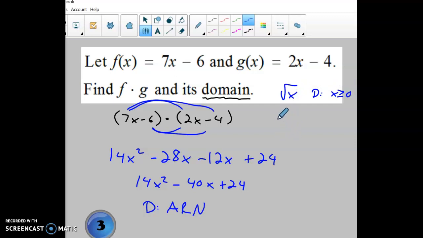Also, if you have a fraction, like x plus 3 over x minus 2, then your domain is all real numbers except when the denominator is 0. So we look at what number for x makes that denominator come out 0. We'd say the domain is all real numbers except 2, because if x is 2, you'd have 5 divided by 0, and that would be a problem.